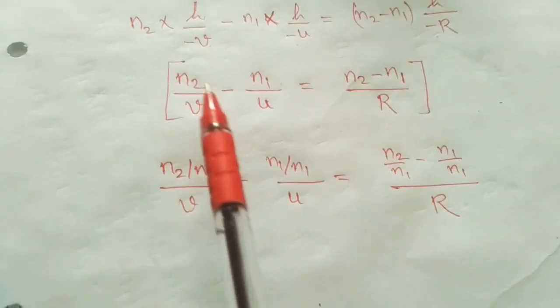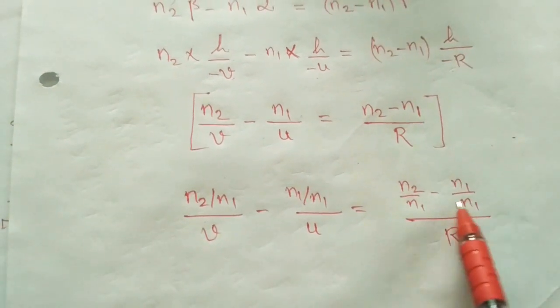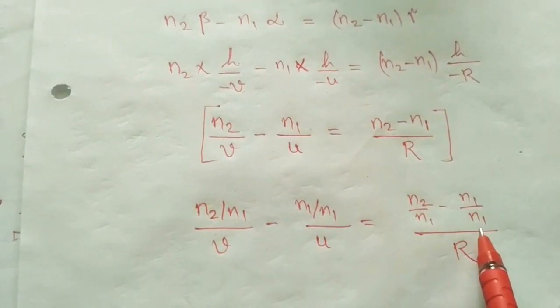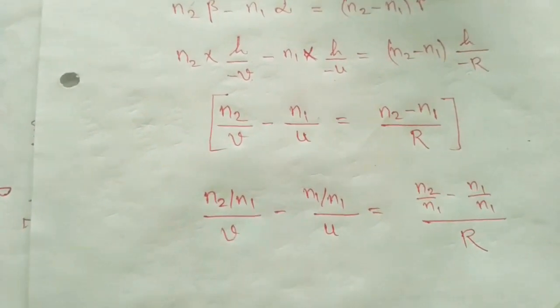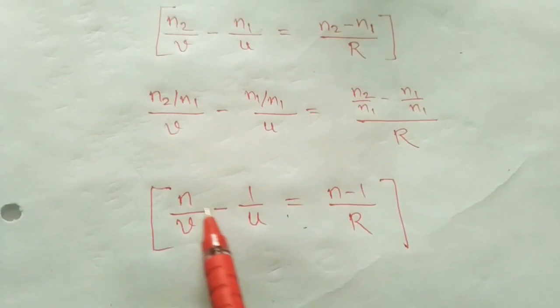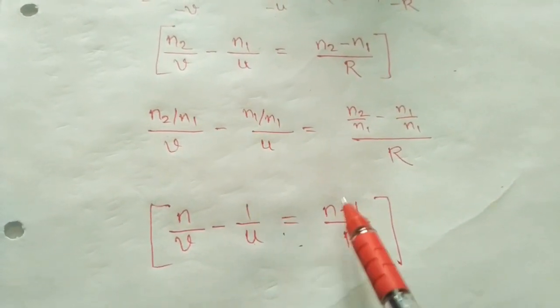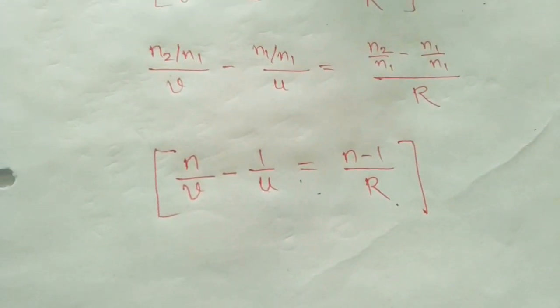See what is the change: n2 by n1, n1 by n1, n2 by n1, n1 by n1. This n1 upon n1 will be cancelled, and n2 upon n1 is equal to general n. Now, n by v minus 1 by u is equal to n minus 1 by R. Sometimes in the board examination, it is also asked, and it is very important for the board examination.